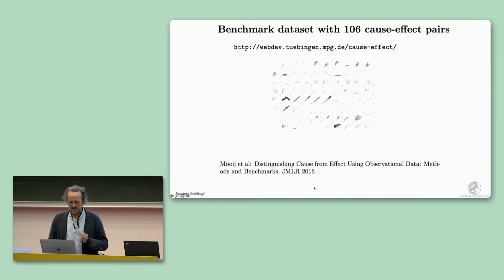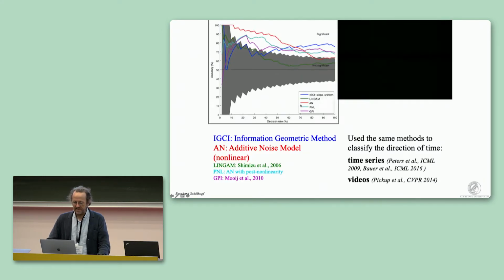And it turns out this actually works better than chance. So we've collected a number of data sets to do cause-effect inference, and the chance level would basically mean you're in this gray area, but many of these methods actually stay outside that most of the time.